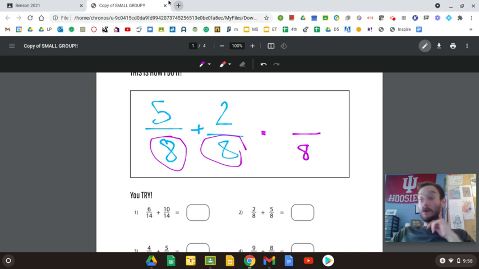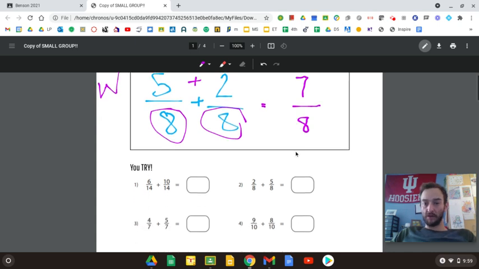Nothing changes. So I can just go ahead and put that over. Don't even think about adding it, just move it over. Now we add. What you're going to add is your numerators, the top part here. Numerators. So you're going to do 5 plus 2. 5 plus 2 is 7. 7/8. So it's a really simple example. So just go ahead and copy that down on yours so you have a copy of that.